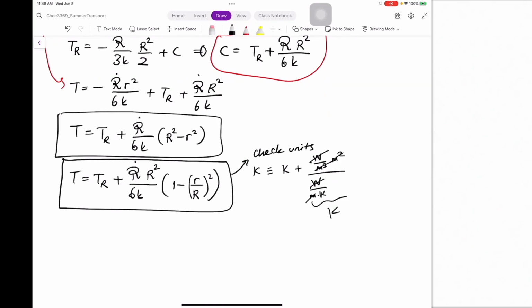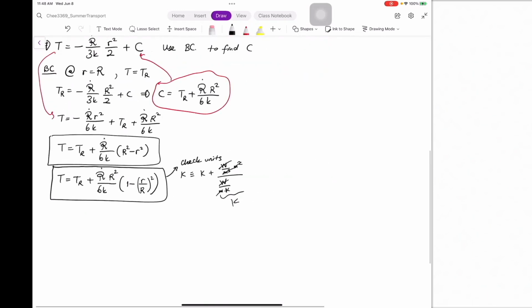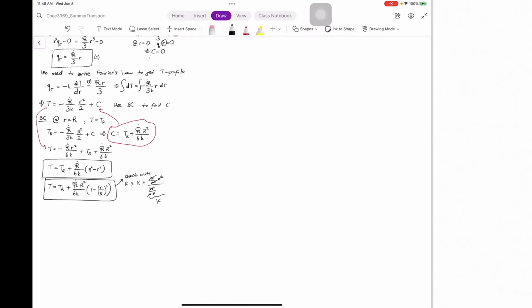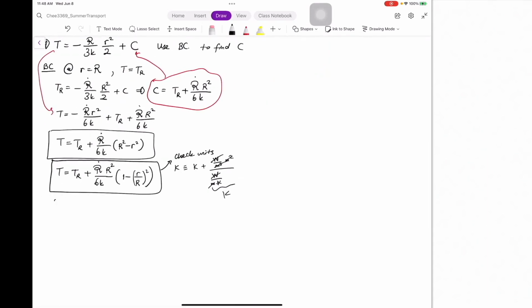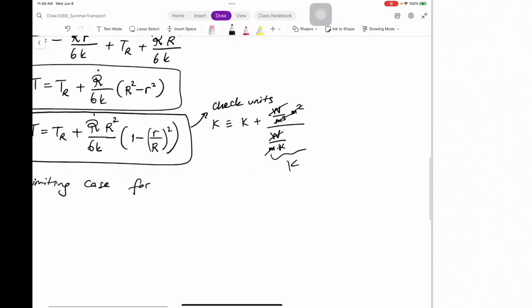What else can we do? Is there any other check that you can think of? The limiting case. You can basically say limiting case for fancy R is equal to 0, which is no heat generation.